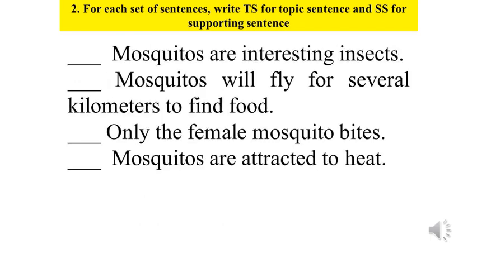Okay, dear students, let's look at these sentences once again to find out the topic sentence and what are the supporting sentences. Mosquitoes are interesting insects. This is a topic sentence.